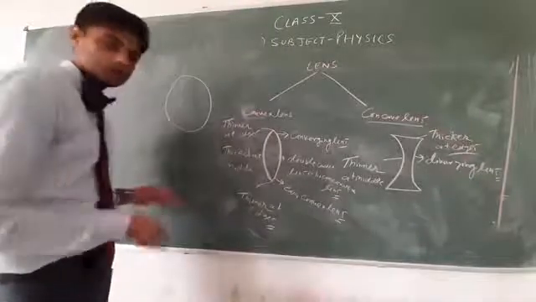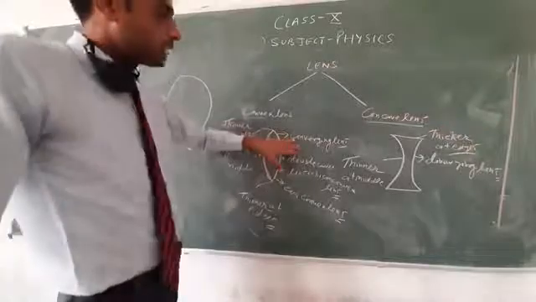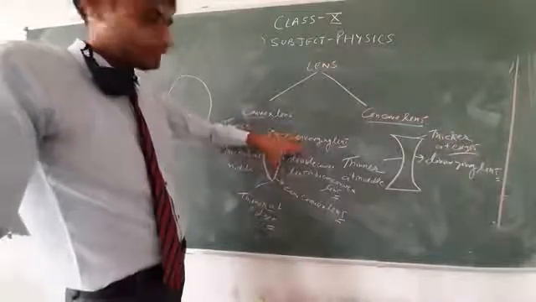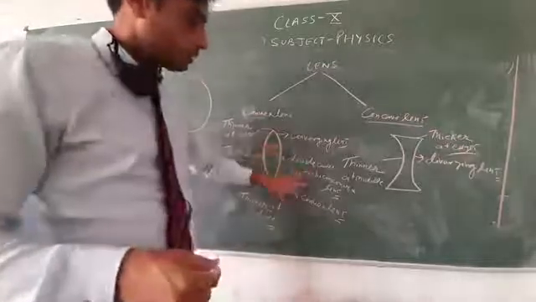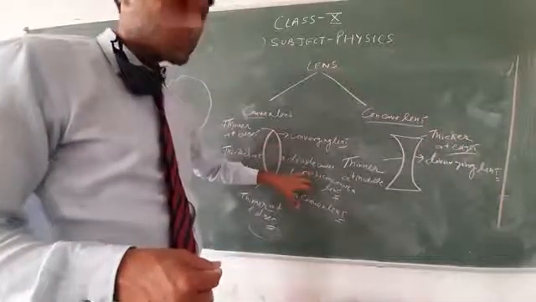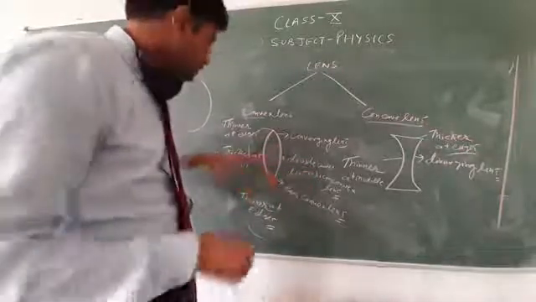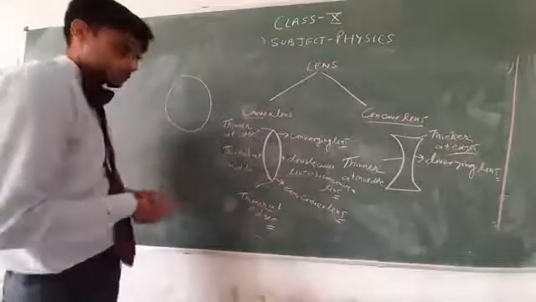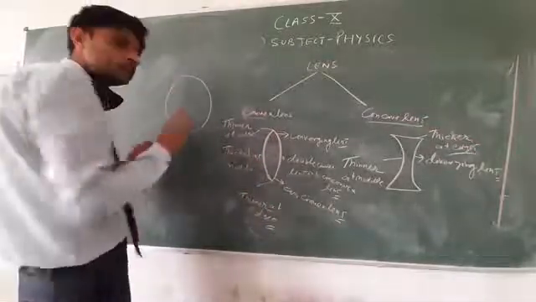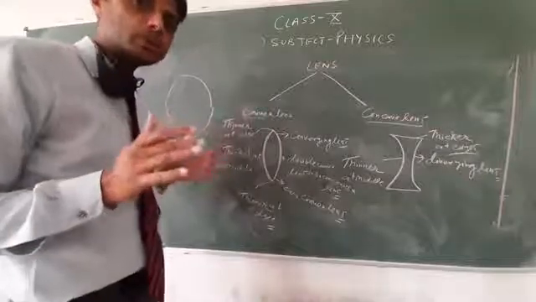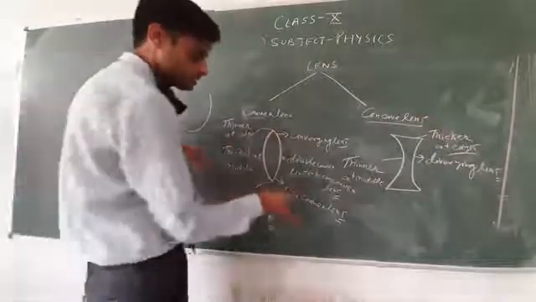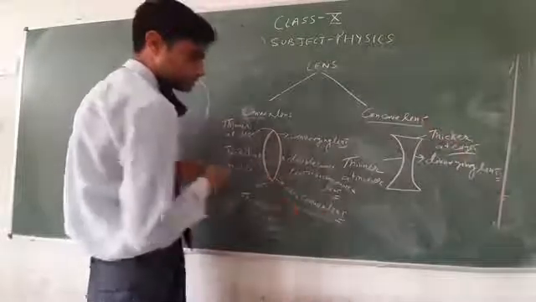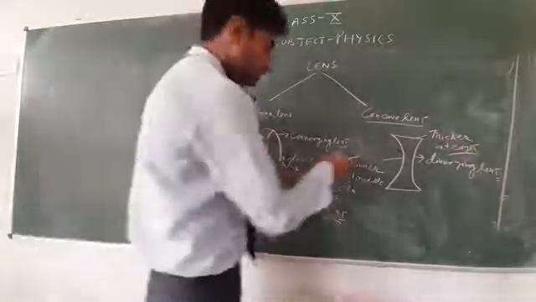I hope you understood. It converges rays of light, so it's known as converging. If both sides curve, it is double convex or biconvex. If the radius of curvature is the same, meaning the same sphere is used in forming the convex lens, then it is known as an equiconvex lens. Like this.